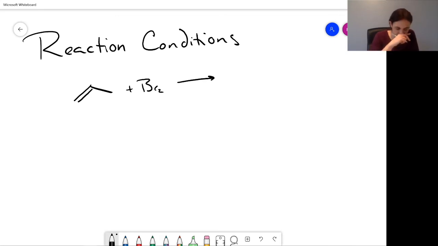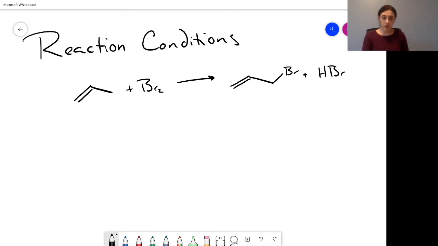We'll just use Br2 as an example. So we generally use Br2, one because of selectivity, but here the ideal reaction would be the one shown here, where we would get all of our starting material converted to this product.